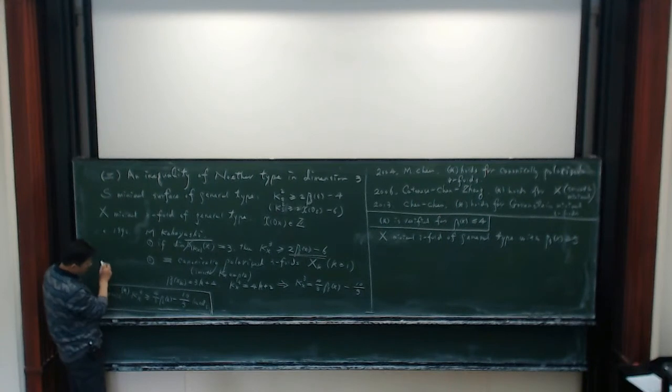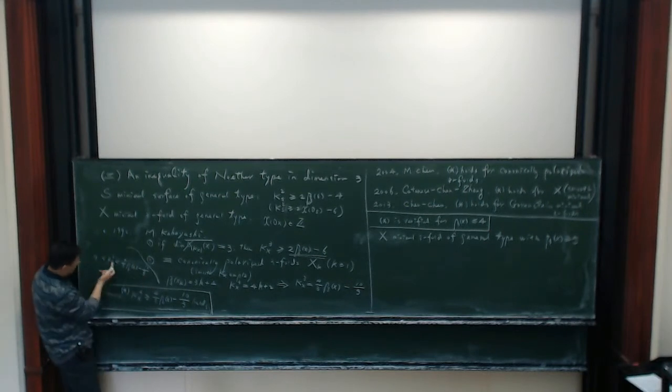For example, since this is a positive rational number, K_X cubed is at least 4/3 p_g of X minus 10/3. Okay, so this is positive. So this means that p_g of X is larger than 5/2.